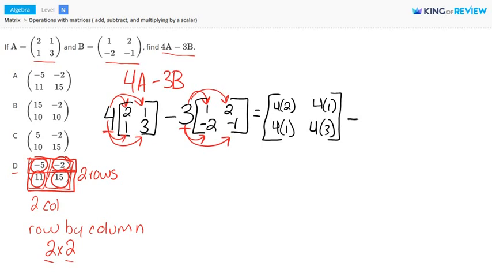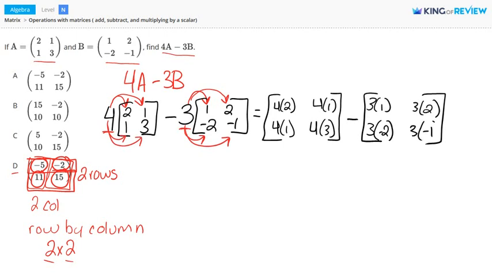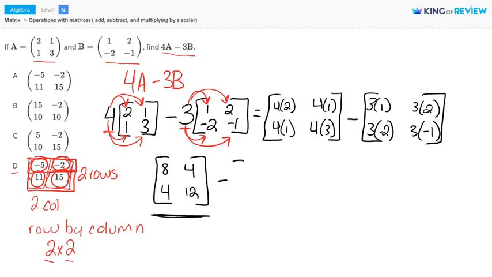And this is minus 3B, so this is minus 3 times 1, 3 times 2, 3 times -2, and 3 times -1. So let's do this math here. We get 4 times 2 is 8, 4 times 1 is 4, 4 times 1 is 4, and 4 times 3 is 12. So 4A becomes this matrix here.